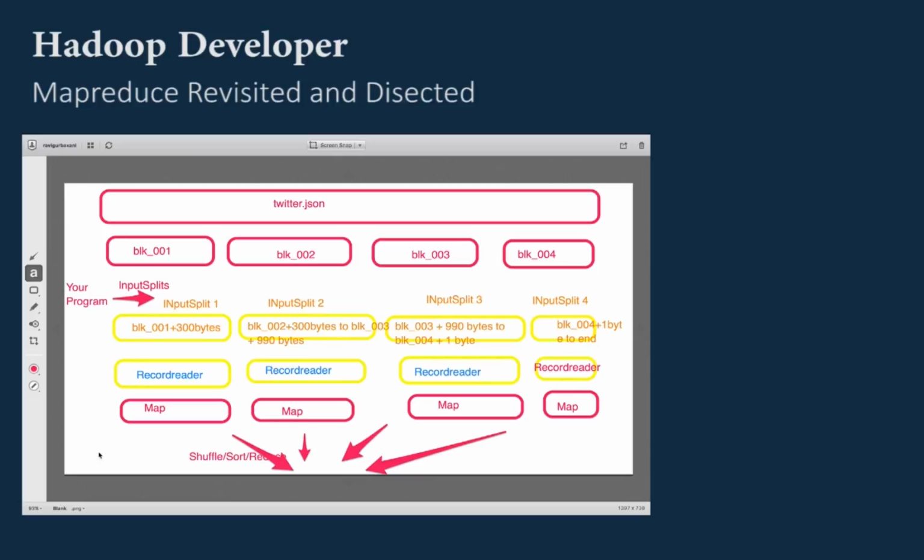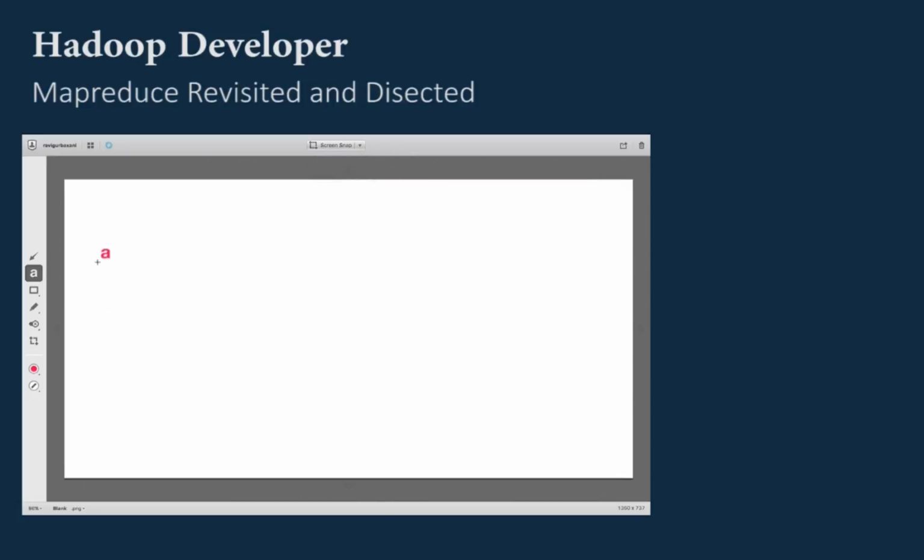Now, so far, whatever we've seen, we've always assumed that there is only one reducer, which is actually a problem. Let's understand this with some more detail.